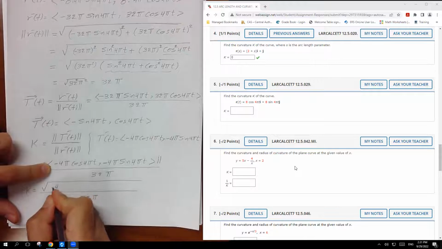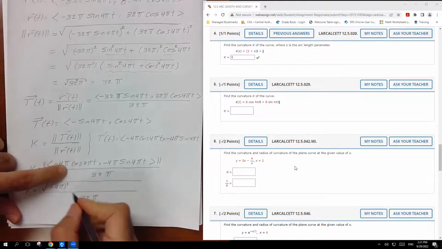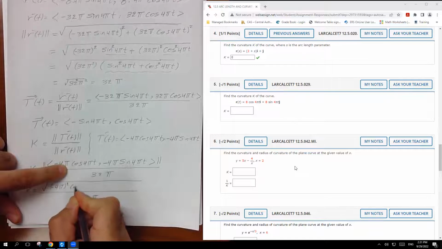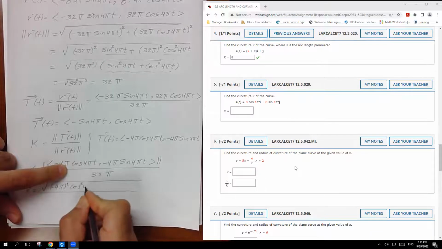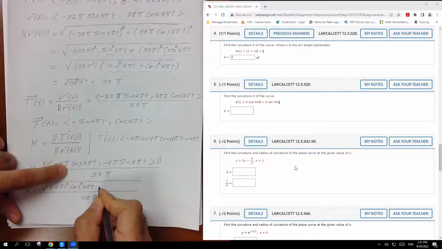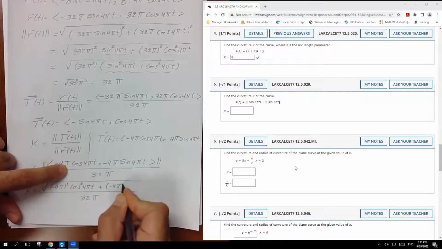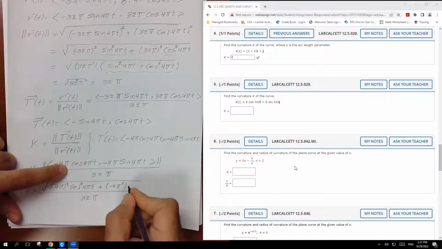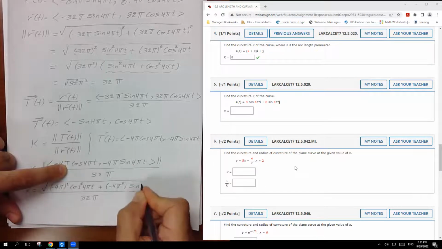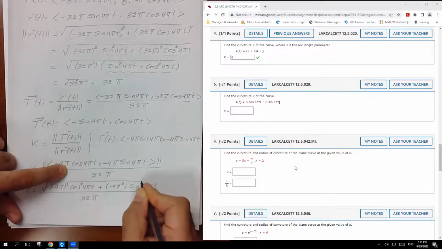the first one squared, that means negative 4 pi squared, and this one is going to be cosine squared 4 pi t. Plus this one is going to be also negative 4 pi squared, and this one is going to be sine squared 4 pi t.